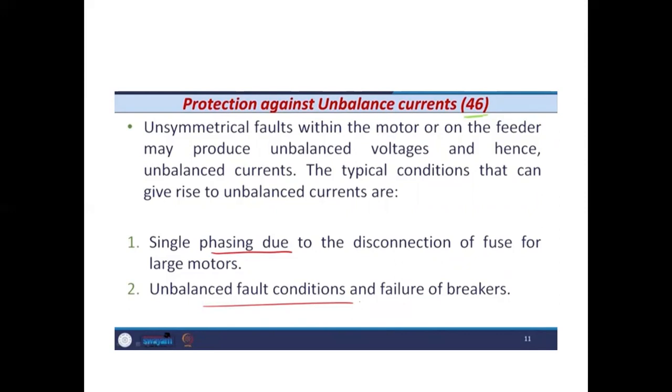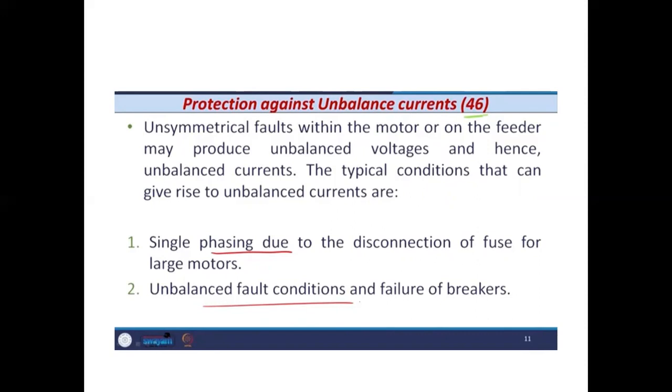In case of unsymmetrical faults that may occur within the motor or on the feeder side near the motor, that may produce unbalanced voltages, and hence finally currents become unbalanced.